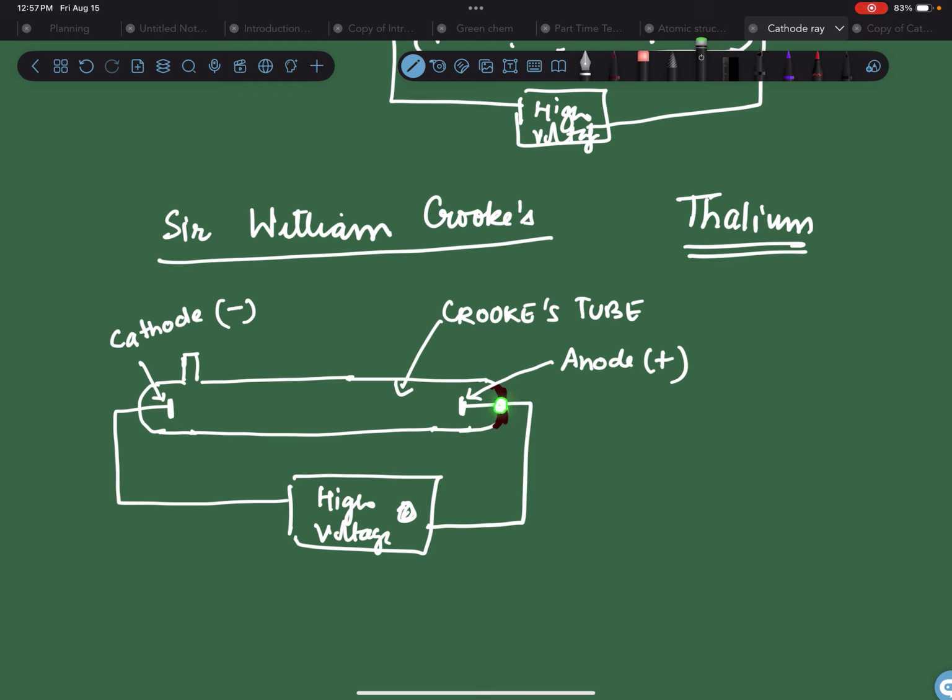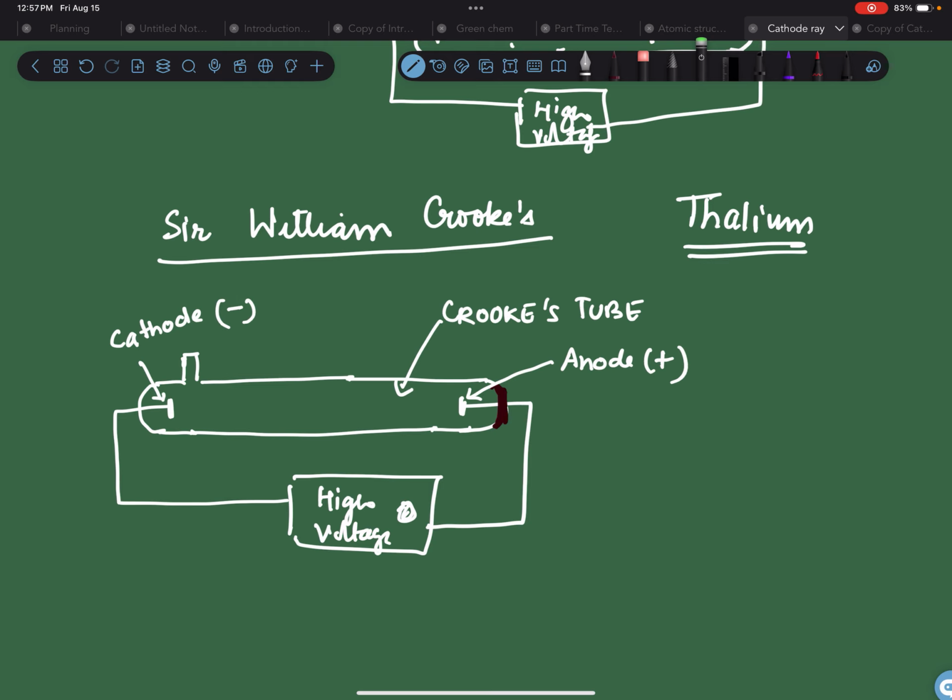He observed a glow here, which is an indication that something is coming from this side and striking against this wall. Because if he put the fluorescent material here, he didn't see any glow on this side, which means that something is coming from the cathode and passing through the anode.